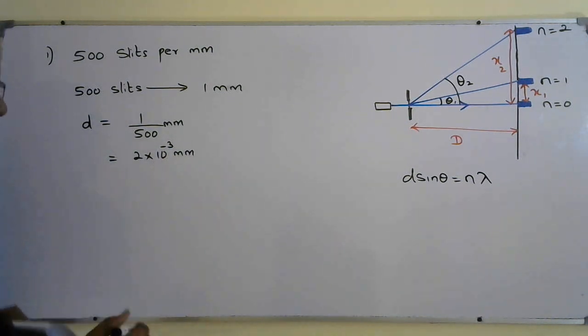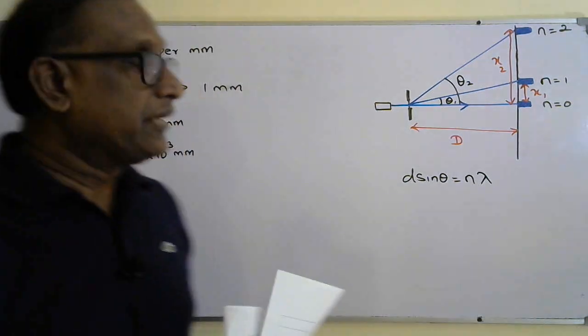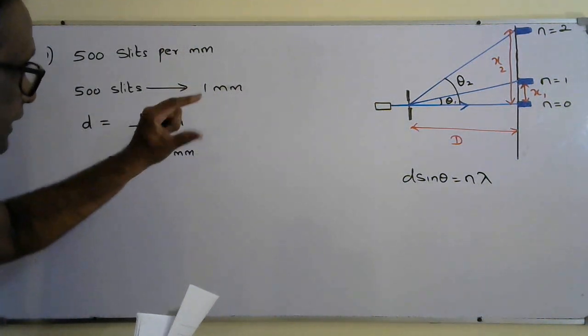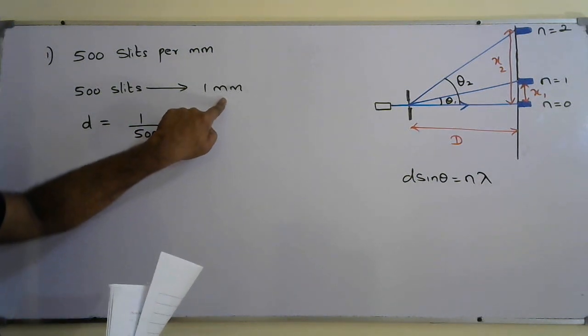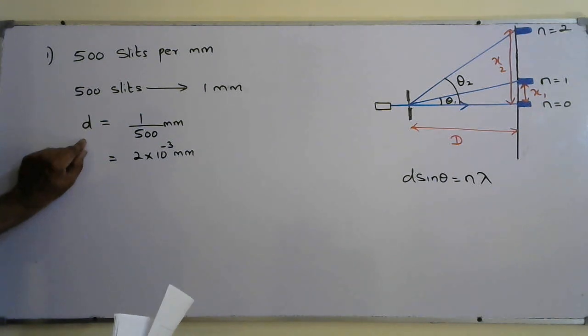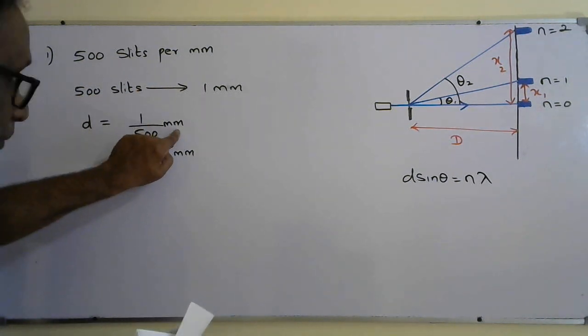So the distance between the adjacent slits, remember the method: 500 slits are arranged in 1 millimeter width. The distance between the adjacent slits is given by d, that's the notation we use. d is equal to 1 millimeter divided by 500, in millimeters.